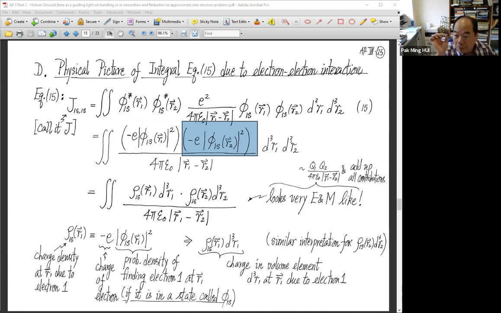Okay, now, Born says the following. The wave function squared, let me start again.